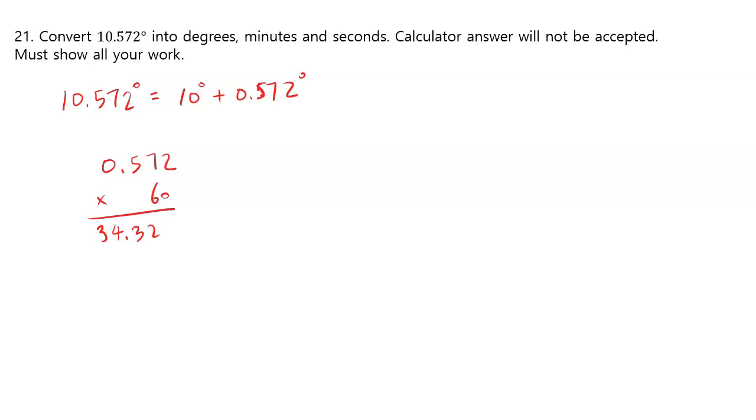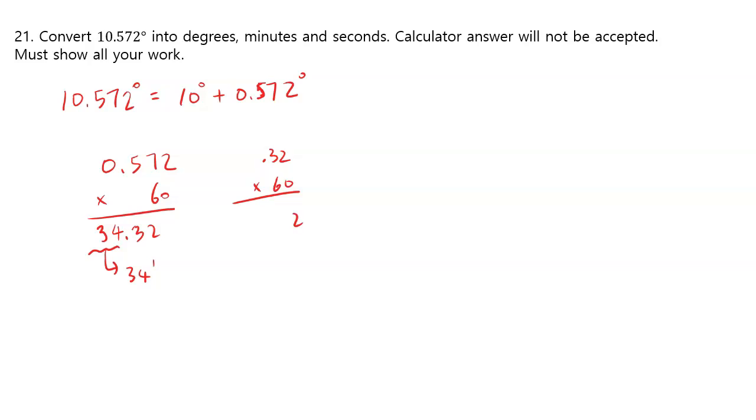Okay, so 6 times 2 is 12, 6 times 7 is 42, but there's a carryover, and 6 times 5 is 30. So that's what you get. And once you get that, take this 34 part, and that's your minutes.